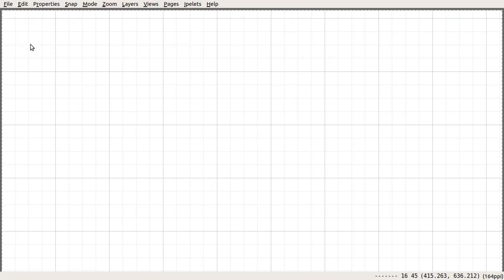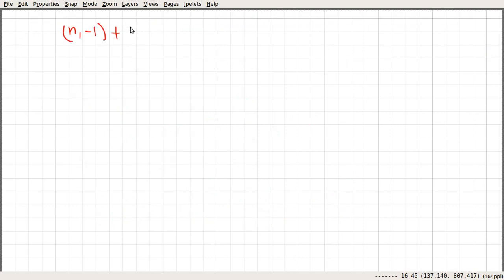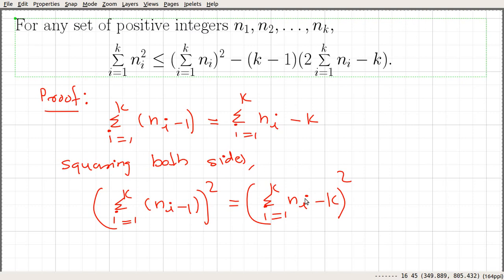So if you look at the left hand side, it is nothing but n1 minus 1 plus n2 minus 1 plus all the way up to nk minus 1, this thing squared. Equal to, so let's go and square the right hand side. So this will be this squared minus 2 times this into this plus k squared.